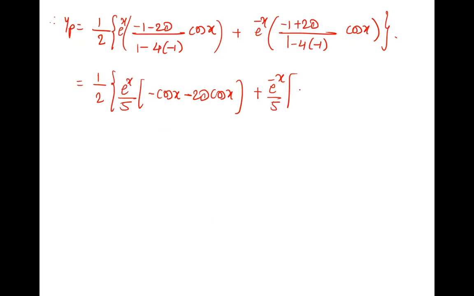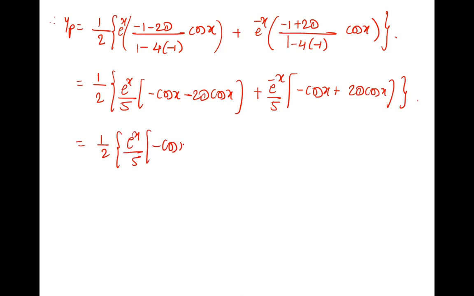And this into this, minus 1 into cos x plus 2D cos x. Right, so it is 1 by 2 e raised to x by 5, minus cos x minus 2 into derivative of cos x. What is that? Minus sin x. Minus of sin x. So here it is 1 minus, so that minus becomes plus.